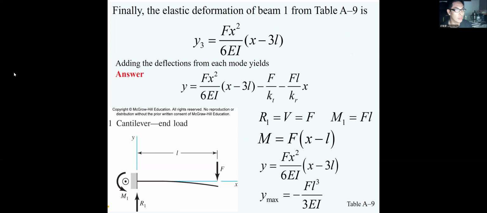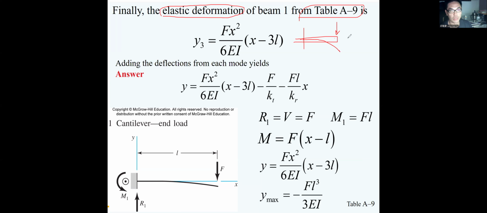Finally, we have to consider the elastic deformation. From your materials mechanics course, you can check any table or handbook to figure out the deflection, if the beam's left support is rigid.